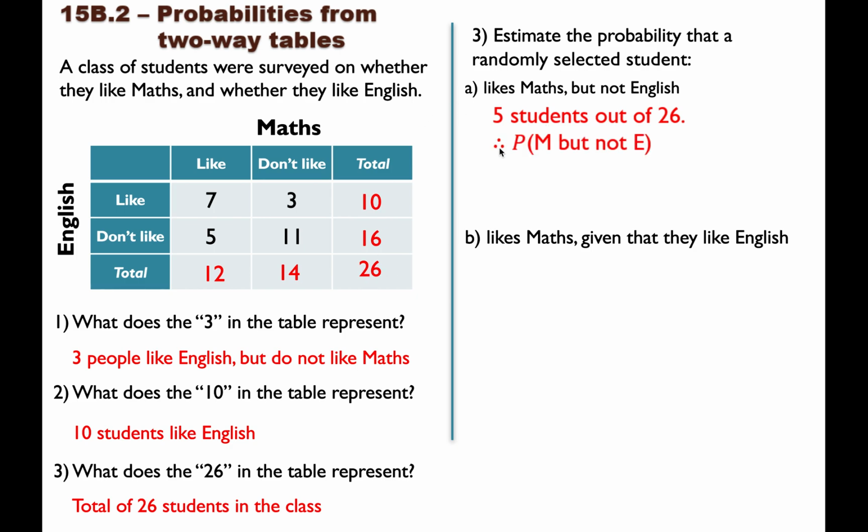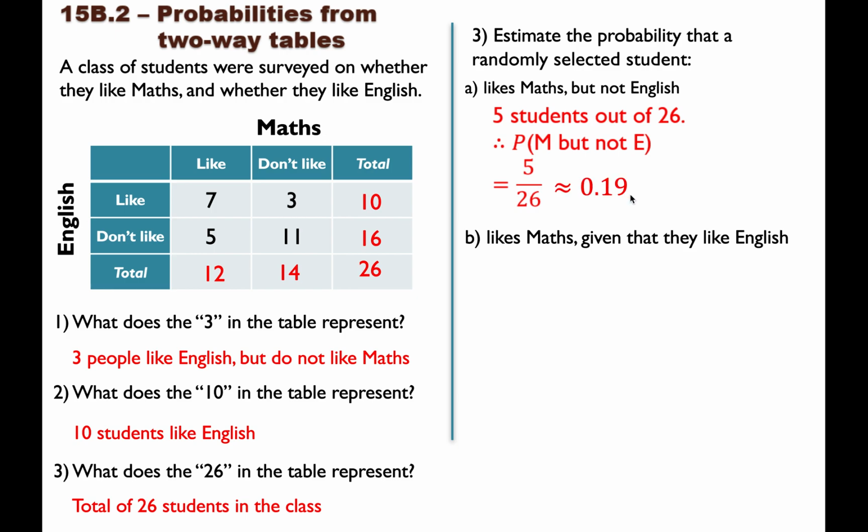So we can say therefore, the probability of maths but not English. Do you see how I've tried to write the event here nice and short to make it easier for me to write, but also clear enough that people can understand what it means? The probability of liking maths but not liking English is 5 out of 26.